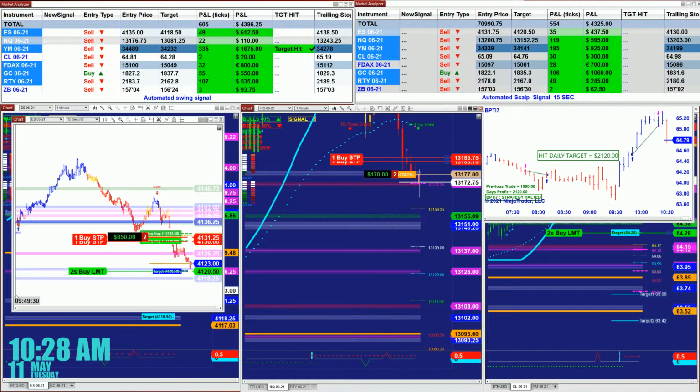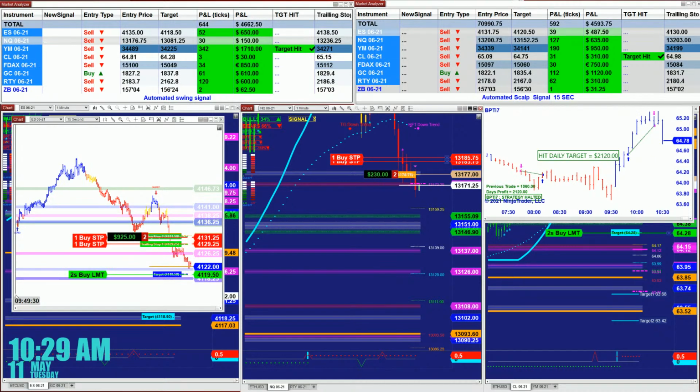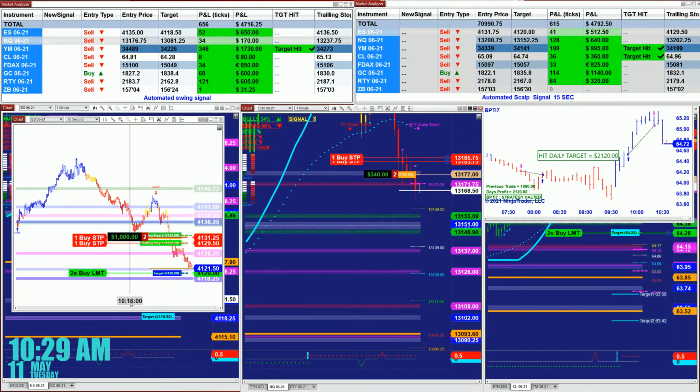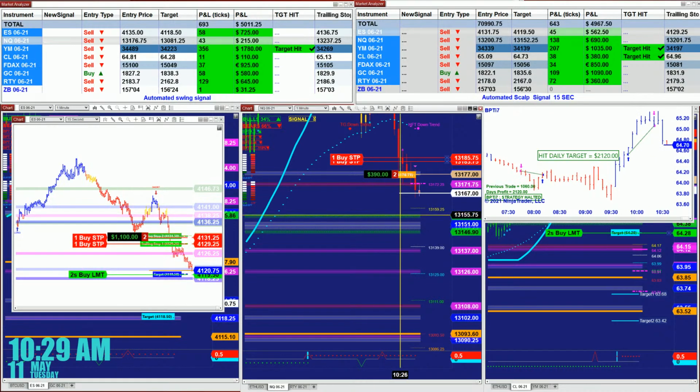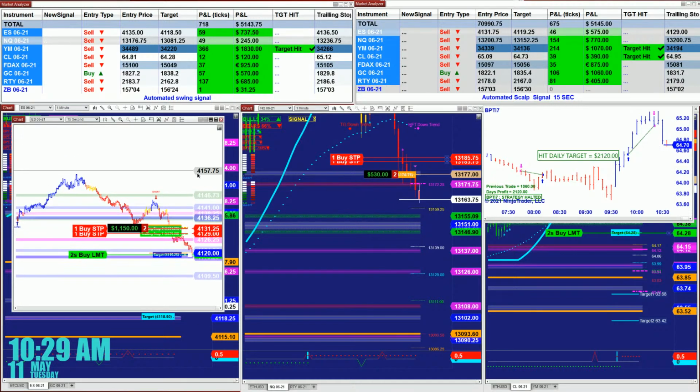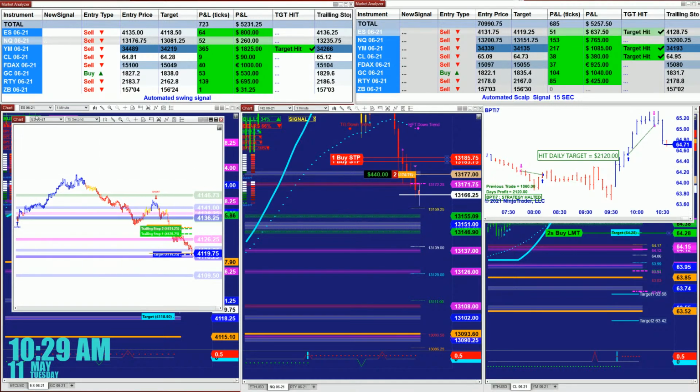And look, wait. You can see this trade is hanging on 13, 17 too. Look at this. Now it's going to go down, trying to see if it can break. Now the ES is about to close. Closed.